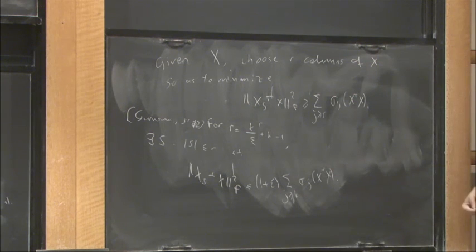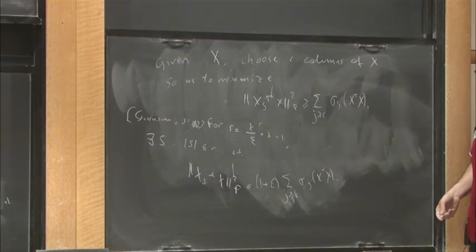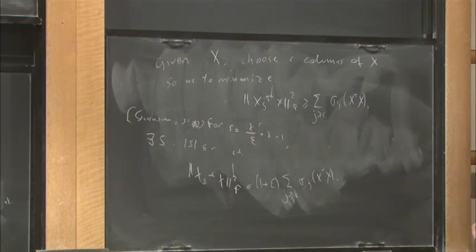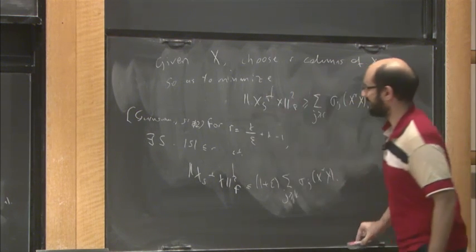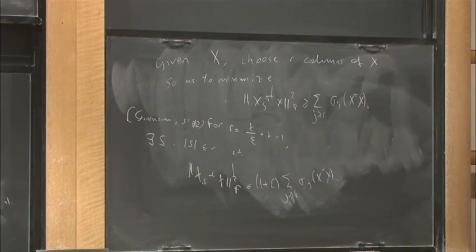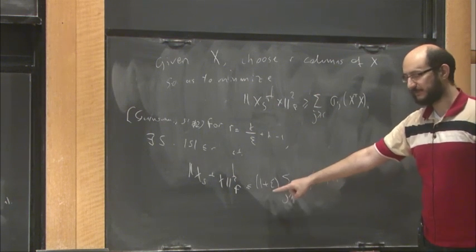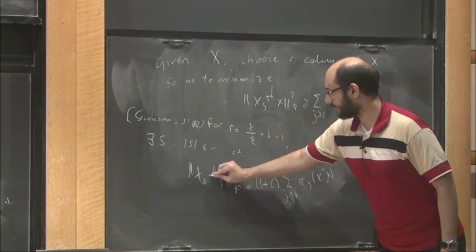Sorry, what is the bound on the R? R is K over epsilon. Yeah. Basically, if you can choose O of R columns such that this quantity is very close to the best possible rank R reconstruction error.